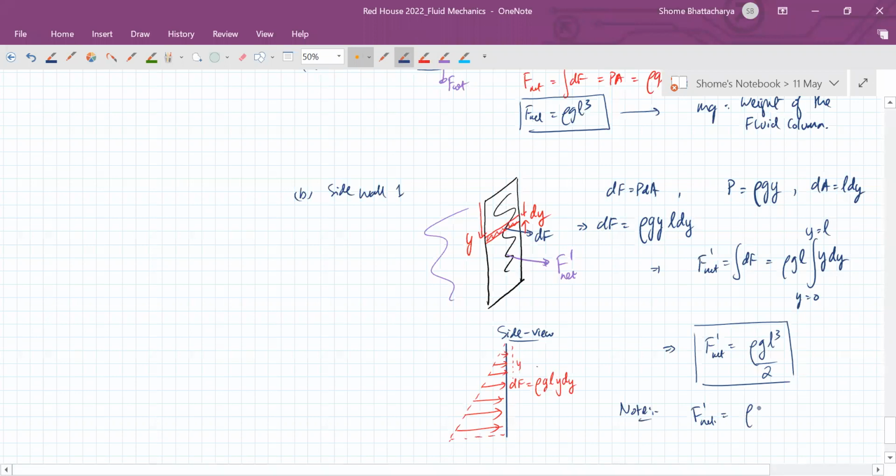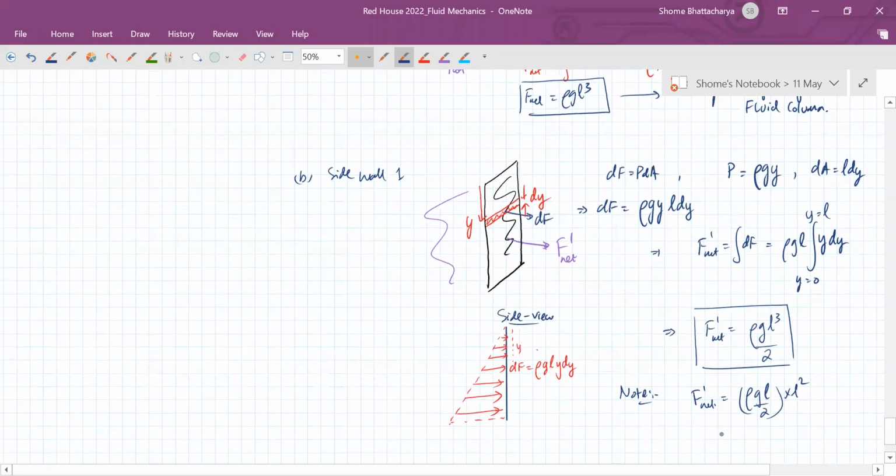This is like an average pressure into area. So you can see that this pressure equal to rho gy, it is a linear function.